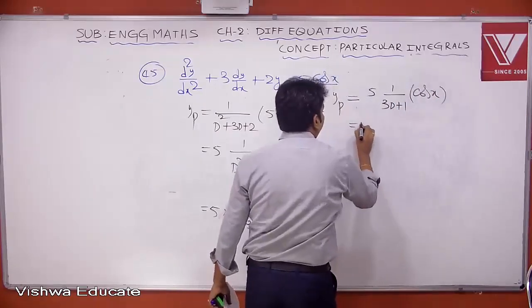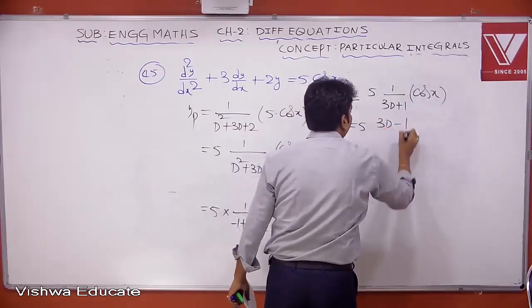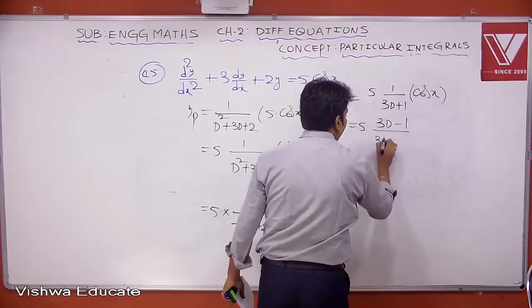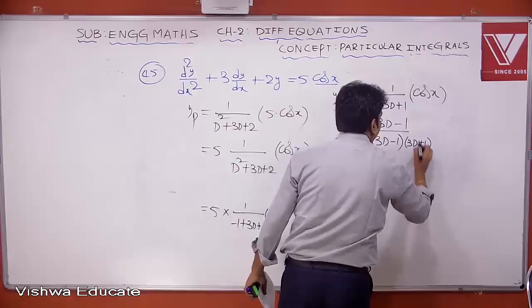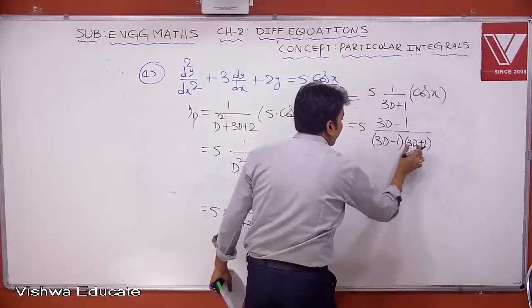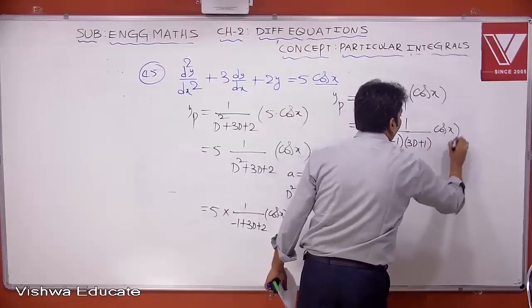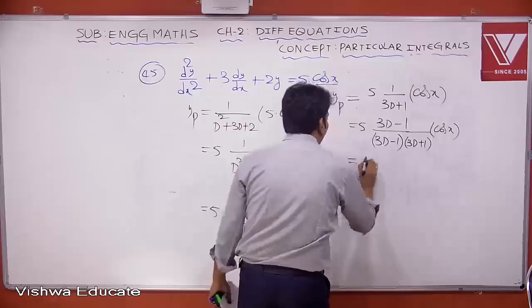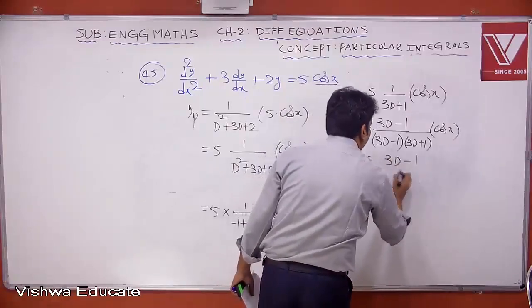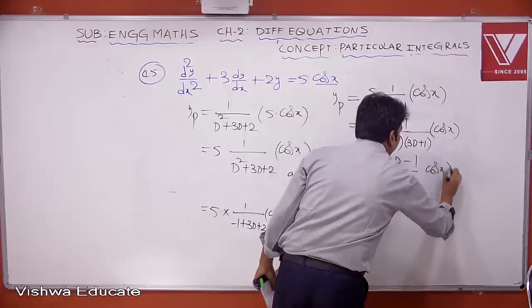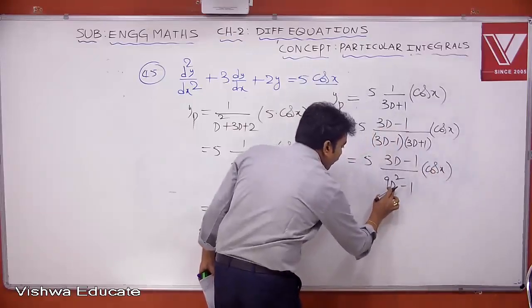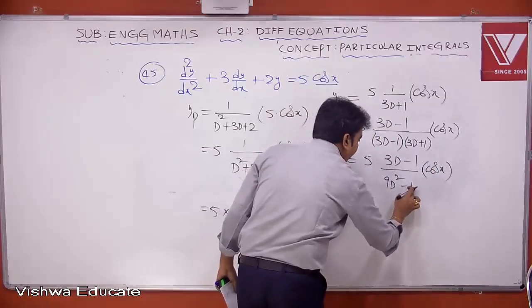Now its rationalizing factor is 3d minus 1. So multiply this expression by 3d minus 1 and divide by the same. So this is 3d minus 1 by 3d minus 1 into 3d plus 1 of cos x. Therefore 5 into 3d minus 1 by 9d square minus 1 of cos x. Again replace d square by minus 1: minus 9 minus 1, minus 10.